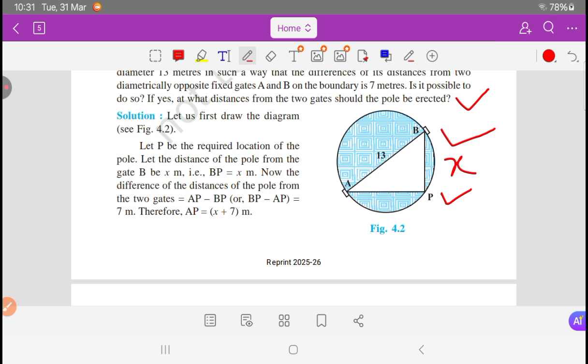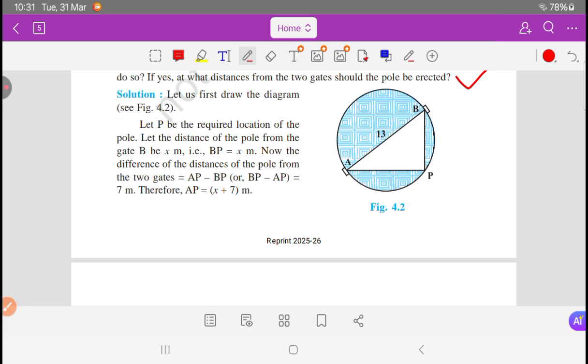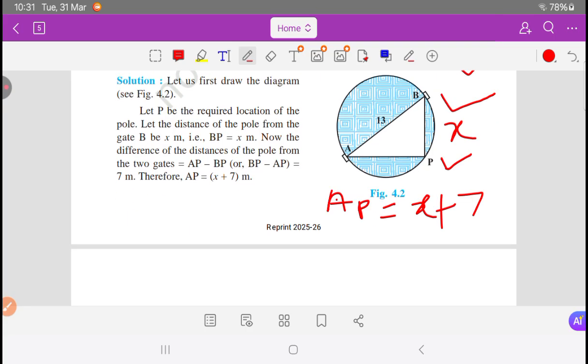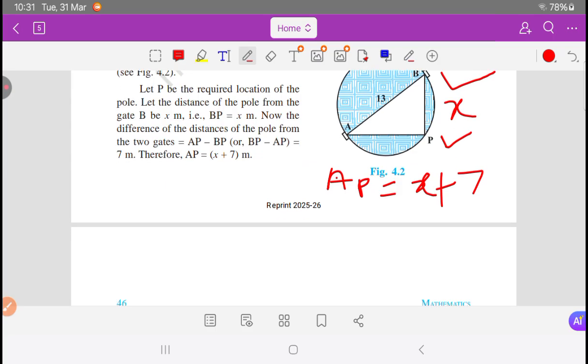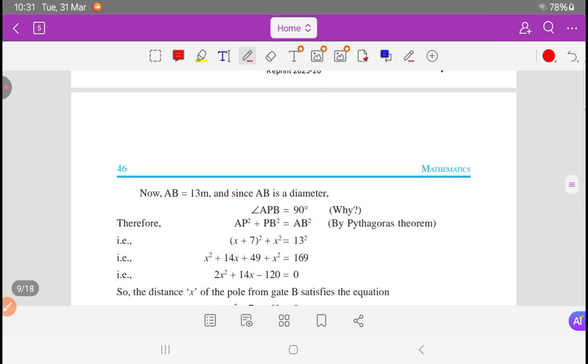Now the difference of the distances of the pole from the two gates, AP minus BP, is 7 meters. So AP is equal to x plus 7. So you have got the AP and BP values. So from Pythagoras theorem, you can find the value of x.